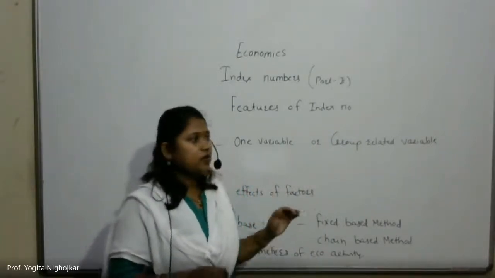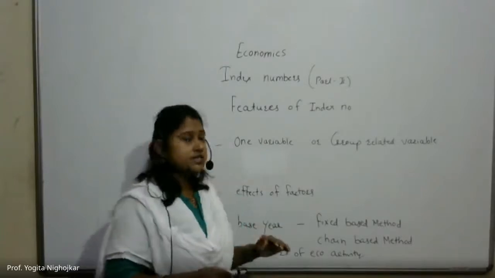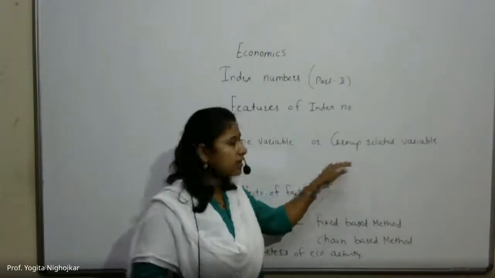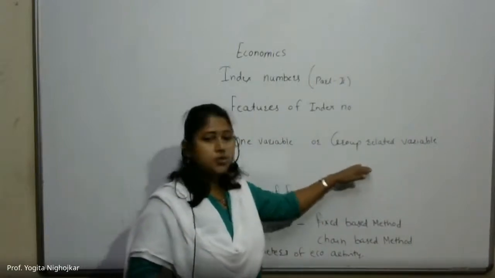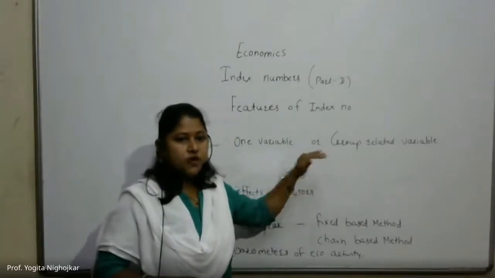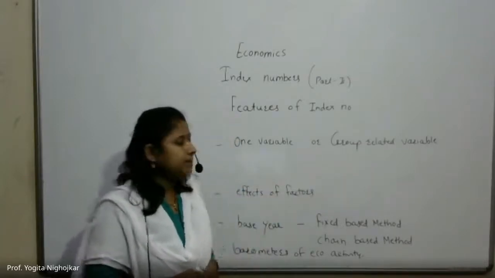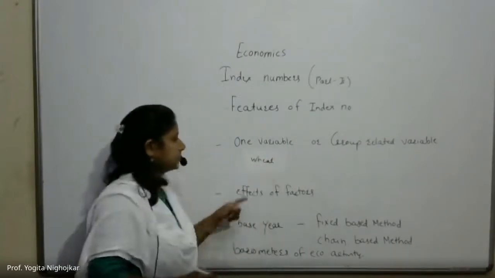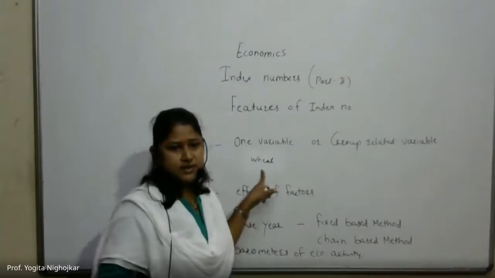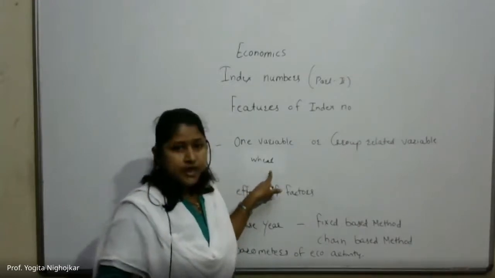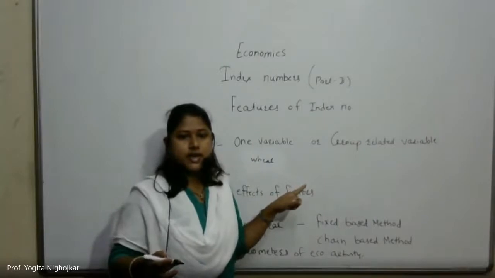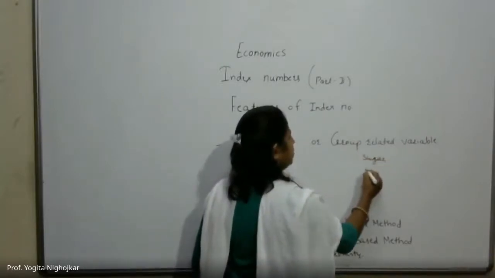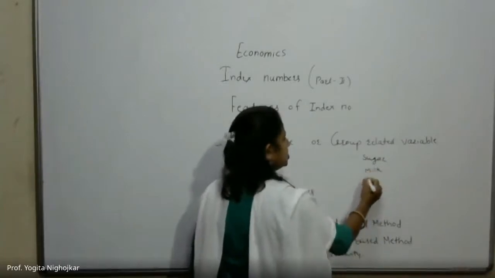Second, the technique of index numbers measures changes in one variable or a group of related variables. For example, one variable can be the price of wheat, and a group of variables can be the price of sugar, the price of milk, the price of salt.